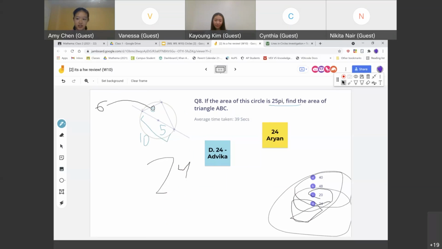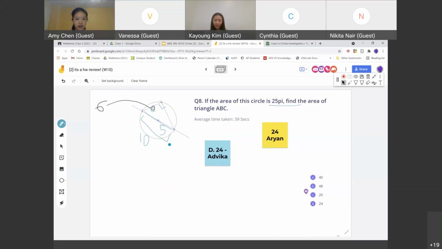Because this triangle has a hypotenuse that is the diameter, this angle here is a 90-degree angle, which means that the whole triangle is a right triangle. So we can use the Pythagorean theorem, or we could use our knowledge of Pythagorean triples to find that this side, the longer leg over here, has length 8. So now to find the area of the triangle, we just do 6 times 8, multiply the side lengths, and then divide by 2, and that gives us the answer 24.